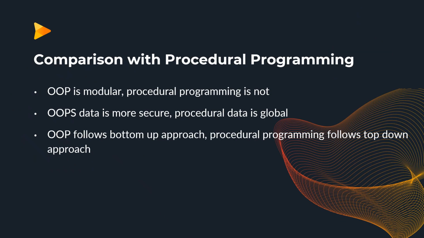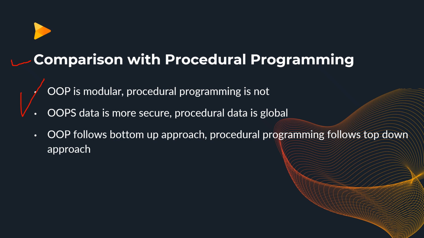Now we are going to see the comparison with procedural programming. There are two types of programming: one is object oriented programming and the second is procedural oriented programming. OOP is modular and procedural programming is not modular. We are going to see what modular means in our further videos.